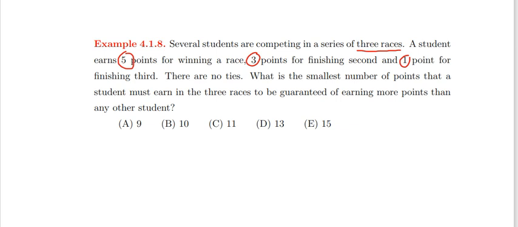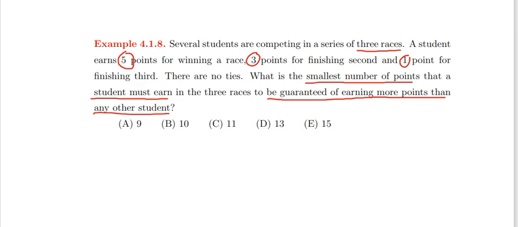So the question is, what is the smallest number of points that a student must earn to be guaranteed he will win this competition? Like he can earn more points than other ones.